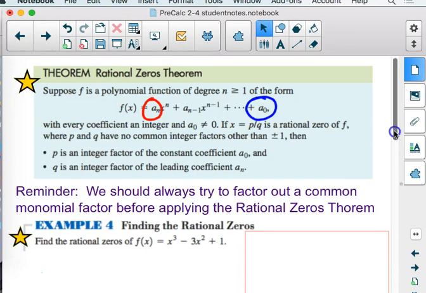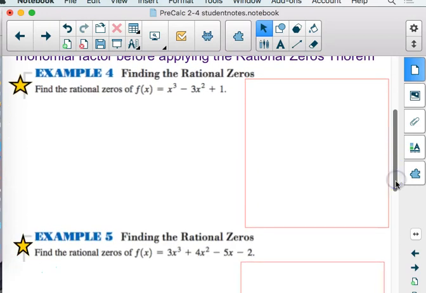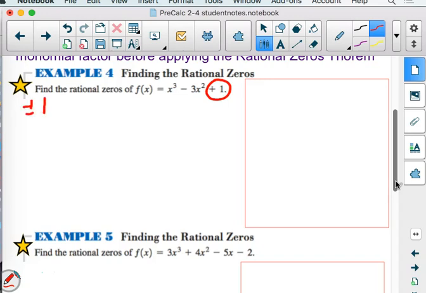So this next one says, finding the rational zeros. Find the rational zeros of f of x equals x cubed minus 3x squared plus 1. So the first thing we really should do is write down a list of possibles. And again, that comes from all the numbers that would divide into that constant nicely. Well, that's a short list. Plus or minus 1. That's it.